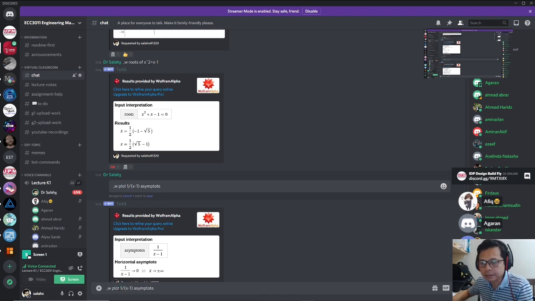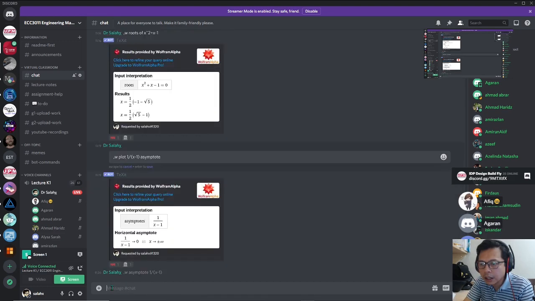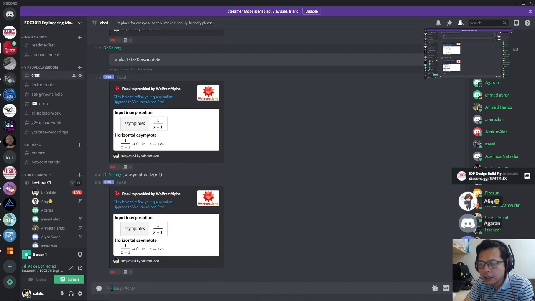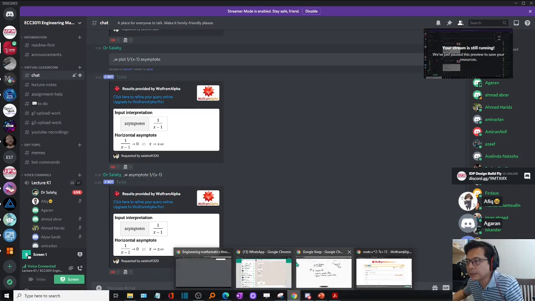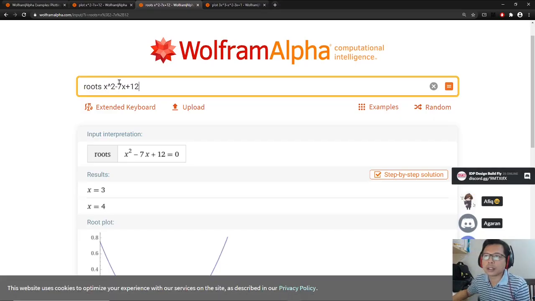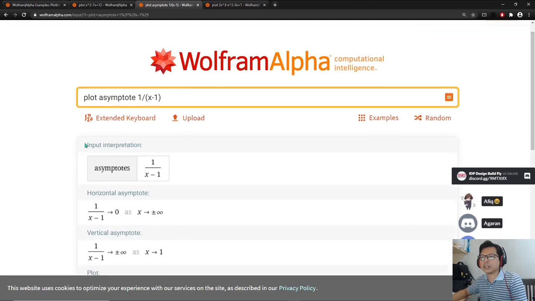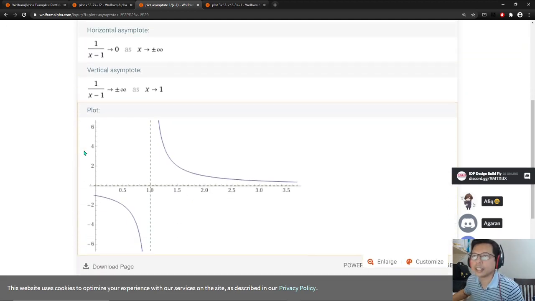Why doesn't it plot the asymptote as well? It's not plotting it. Let me see if I can do it here. Plot asymptotes 1 over x minus 1. I hope it plots the asymptote as well. Okay, nice. It does that.